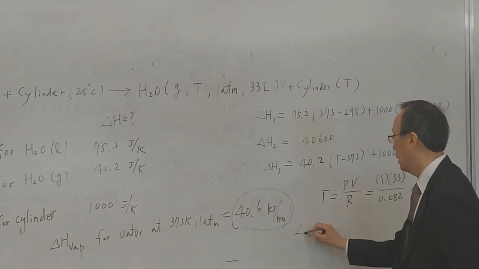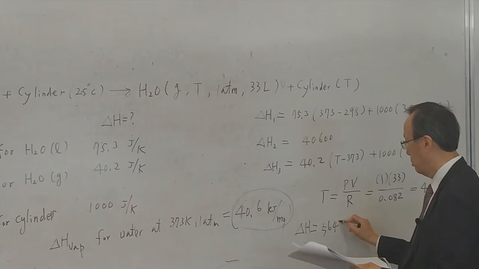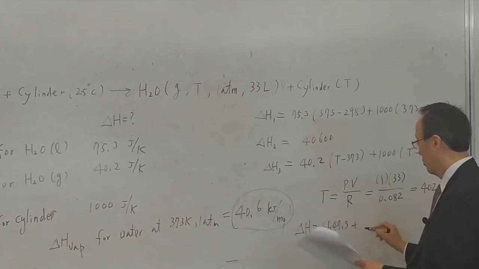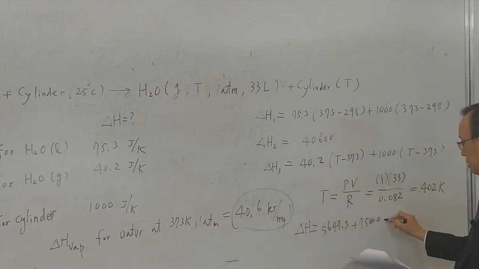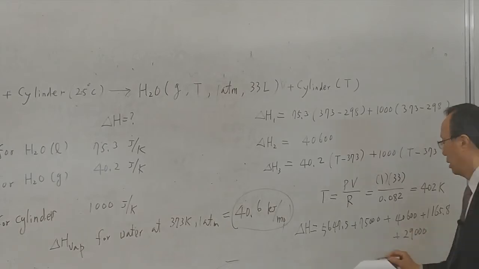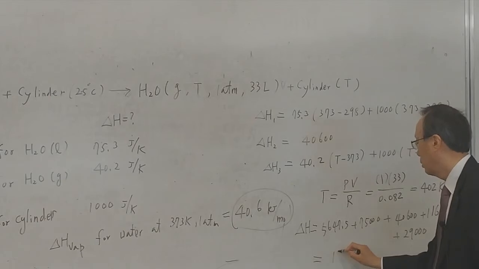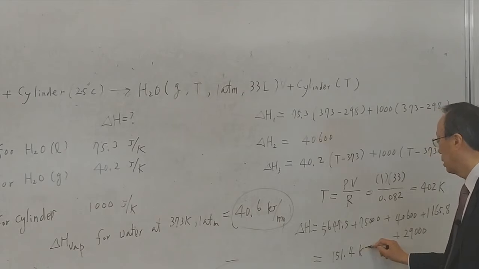Therefore, this delta H equals 5647.5 plus 40,600 plus 116.8 plus 29,000, and finally we have 151.4 kilojoule per mole.